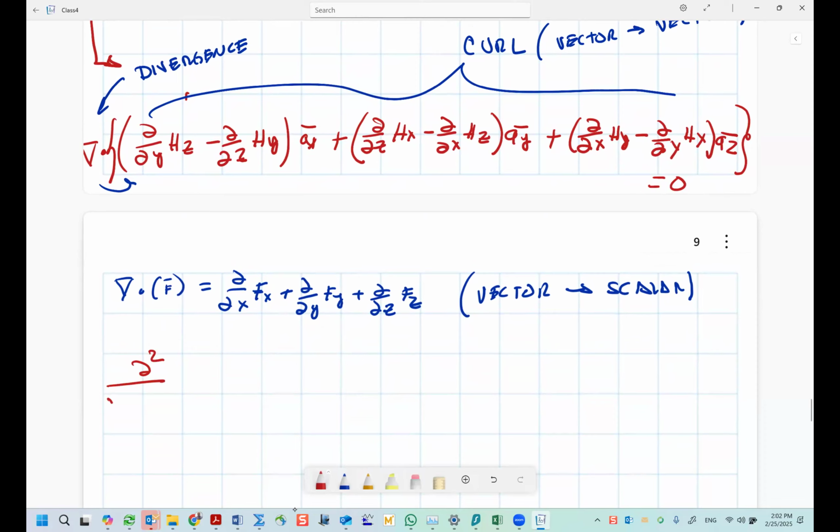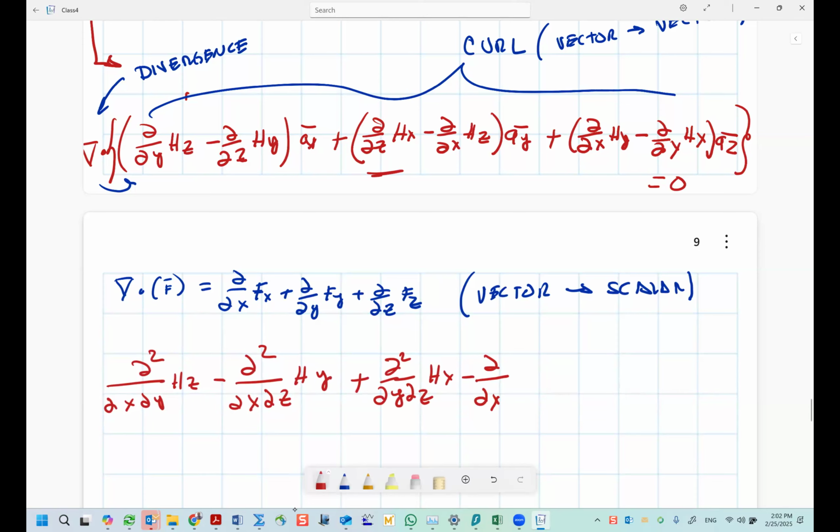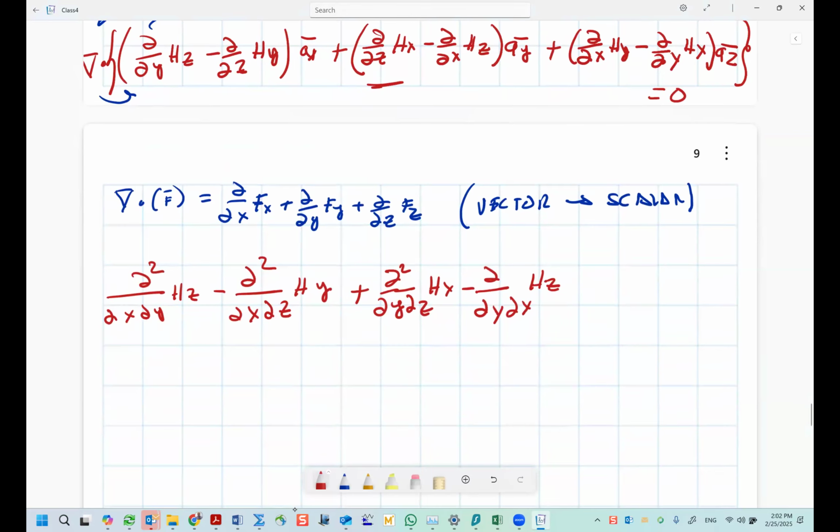I'm going to have d second dx dy of Hz, minus d second dx dz of Hy, plus d dy dz of Hx, minus d dy dx of Hz, plus d second dz dx of Hy, minus dz dy of Hx.